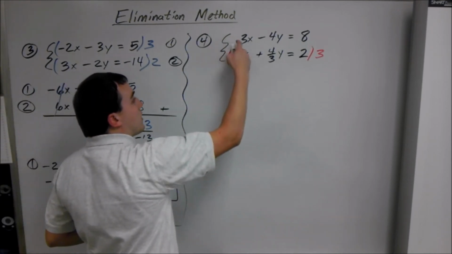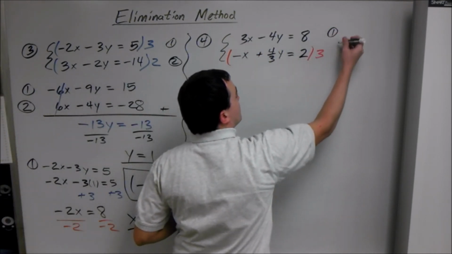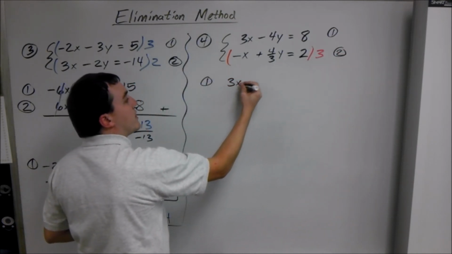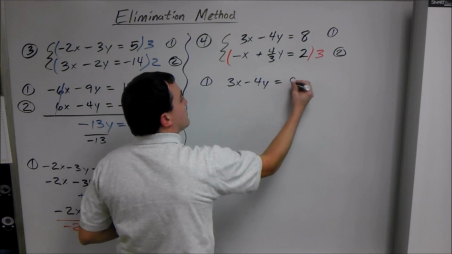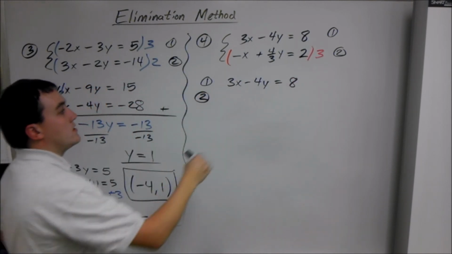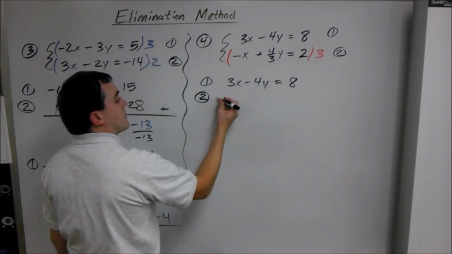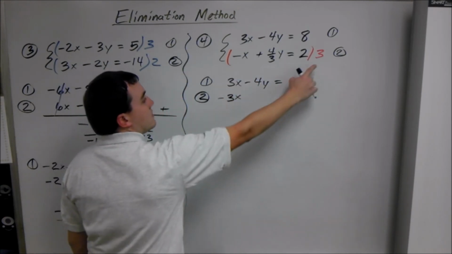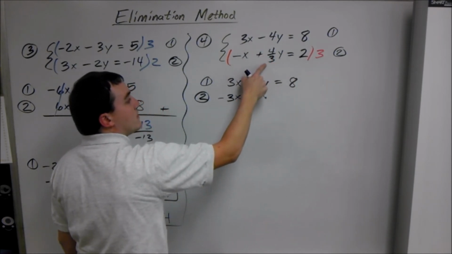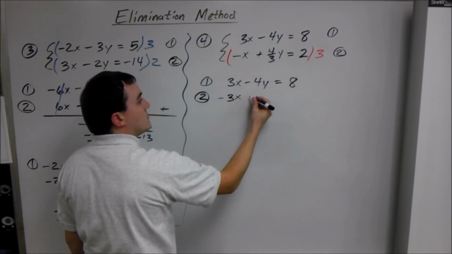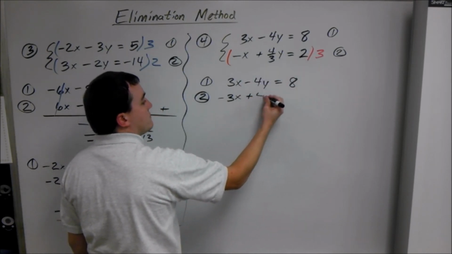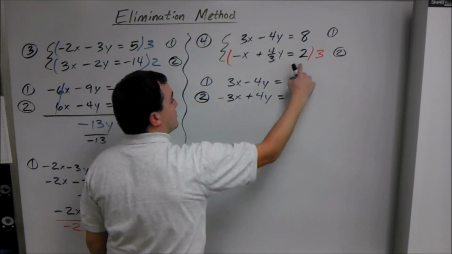We drop the first equation down. This is the first equation, this is the second equation. The first equation I'm just dropping down: 3x minus 4y equals 8. The second equation, after we multiply by 3: 3 times negative x is negative 3x. 3 times 4/3, 3 times 4 is 12, divided by 3 is 4, or you can just cancel out the 3's, so plus 4y equals 2 times 3 is 6.